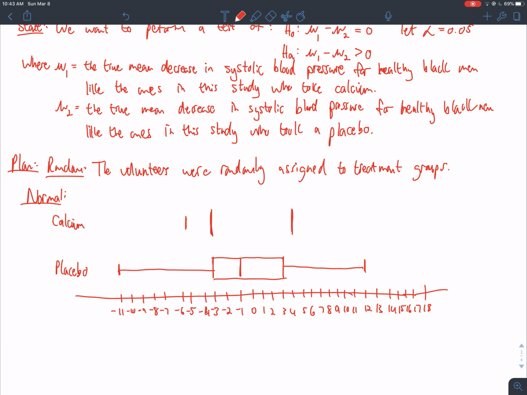Okay, and the Q3 was 11, looks like. And maximum was 18. Okay, so here's my IQR, here's my min, and here's my max. Okay, and so now we have to talk about this.